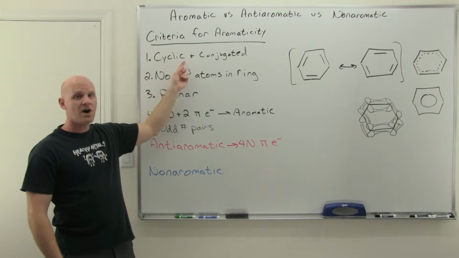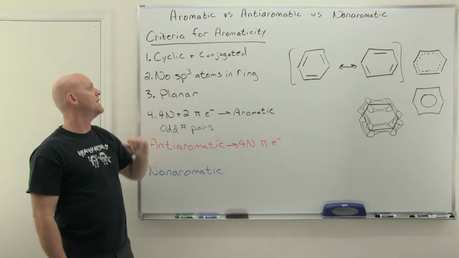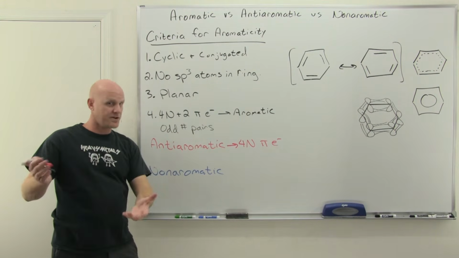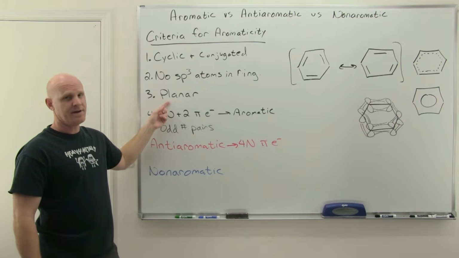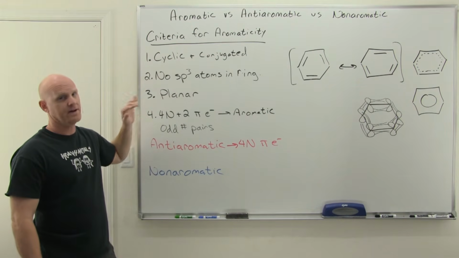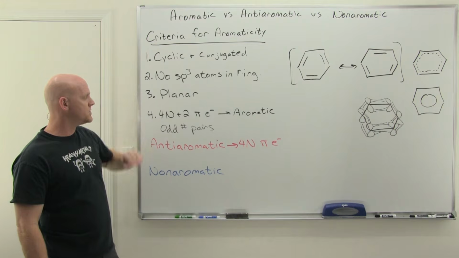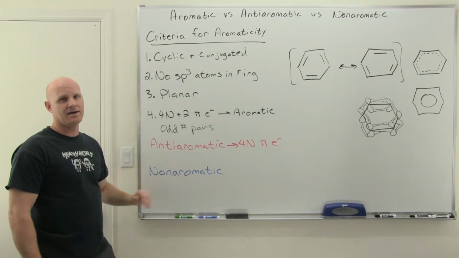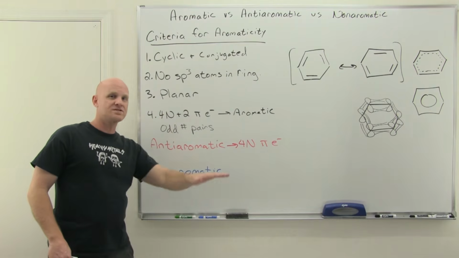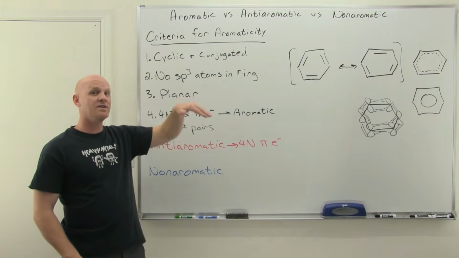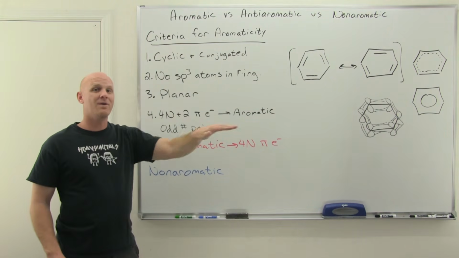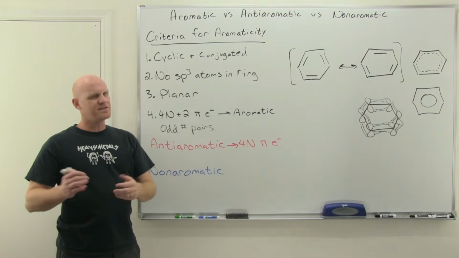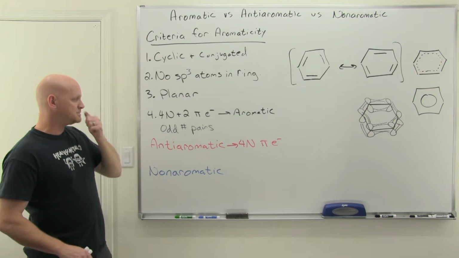Either you're not cyclic, or you have an sp3 hybridized atom somewhere in the ring, which would lead you to not being completely conjugated, or you're just not planar. You can't adopt a planar conformation of your ring. So if any of these things are not true, you're not aromatic, you're not anti-aromatic either though, you're just non-aromatic. And so again, aromatic things are really stable and low energy, anti-aromatic are really unstable and high energy, non-aromatic are going to be somewhere in the middle. Kind of like non-bonding, not quite the same, but somewhere in the middle like that.